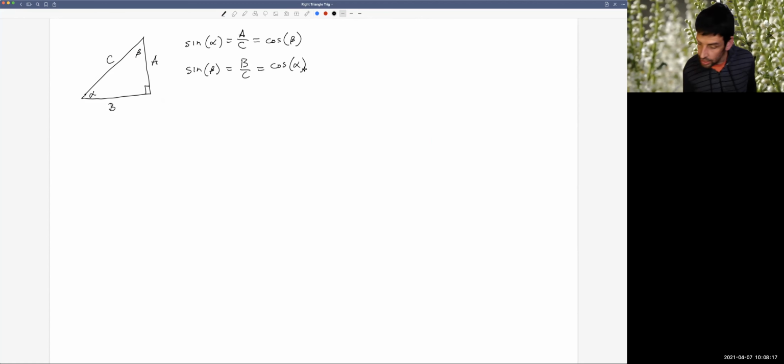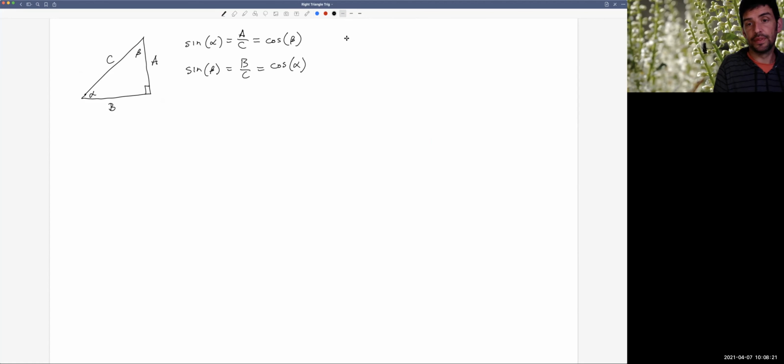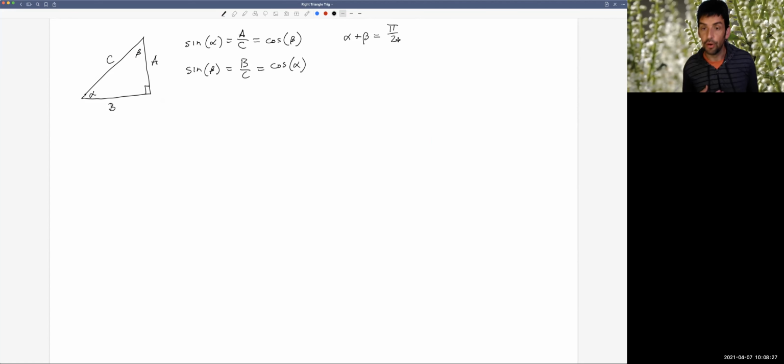Okay. Well, let's notice something else. What do we know about alpha and beta? Alpha plus beta has got to be equal to pi over 2, right? Why is that? Well, we've talked about this before. We know that the sum of the angles of the whole triangle has to be pi. We've got a right angle, which is pi over 2. So the other two have to have that other half pi, okay?